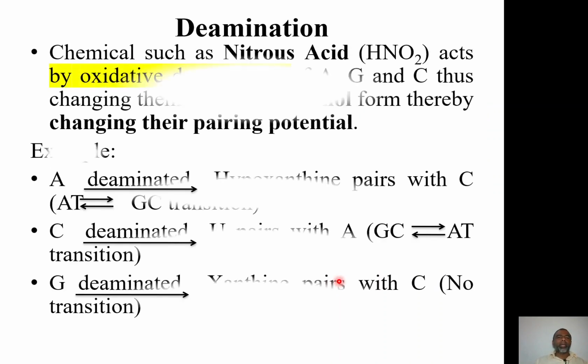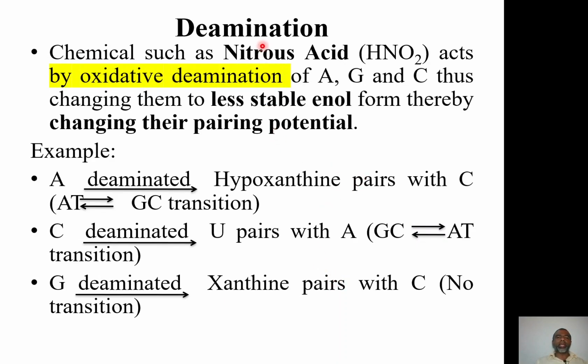Then you have deamination. Some chemicals like nitrous acid do oxidative deamination of adenine, guanine and cytosine. Once they oxidize, they remove the amino group from these and change them to the less stable enol form, and when they are present in the less stable enol form, their pairing will not be normal.